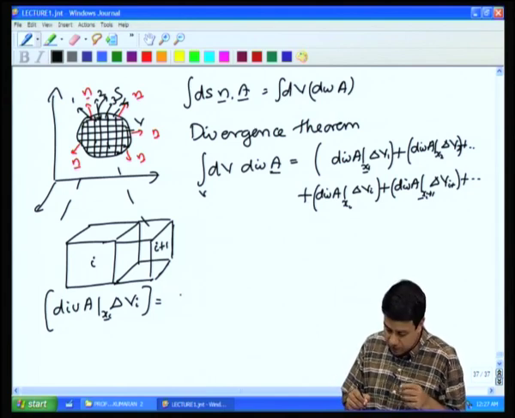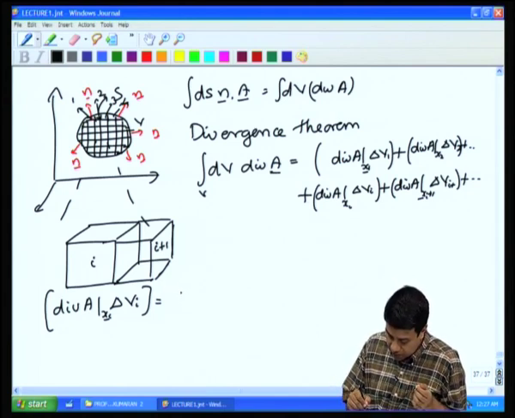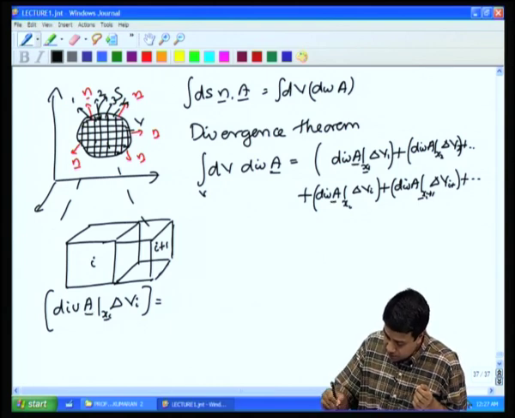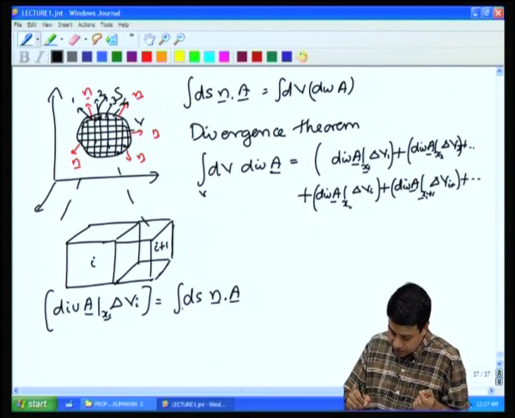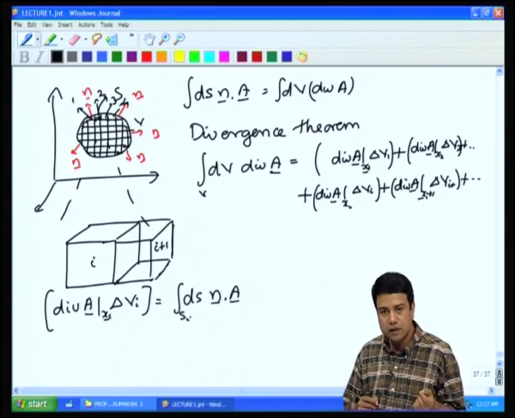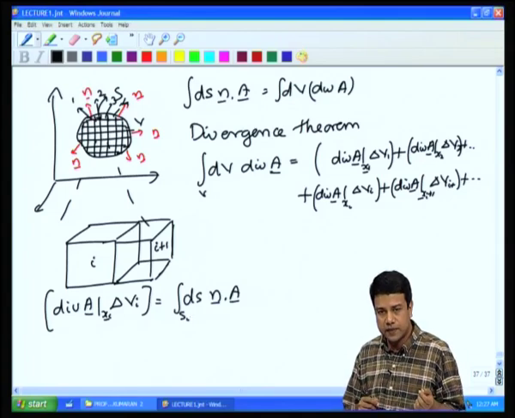So, for this differential volume, this divergence of A times delta Vi can be written as integral over the surface Si of n dot A. Okay.